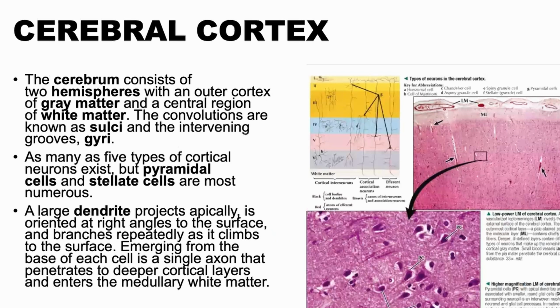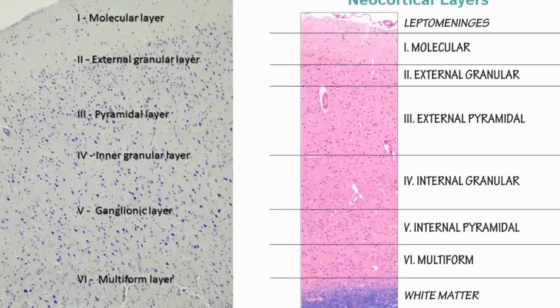And this is just showing the different layers on histology of the cerebral cortex. There is the outer gray area and the inner white area. If you look at a histology slide, there are different layers, different categories or classifications based on the layers.